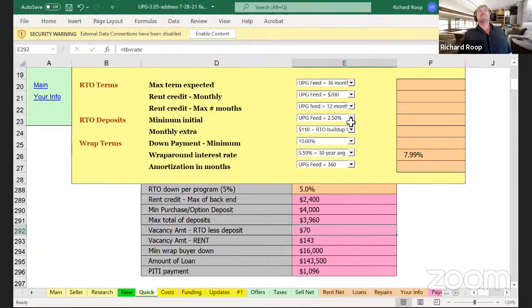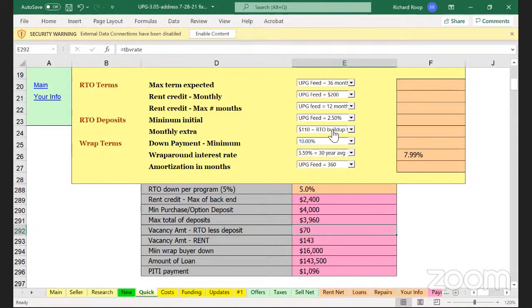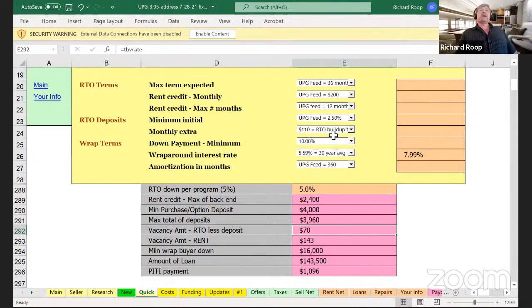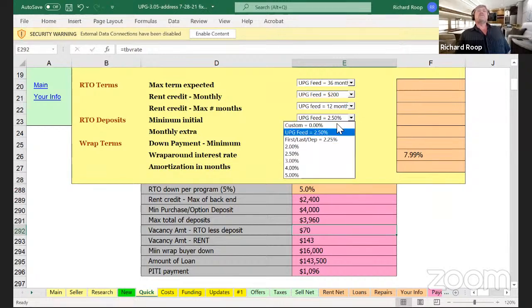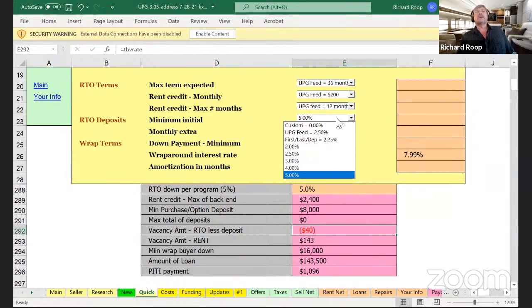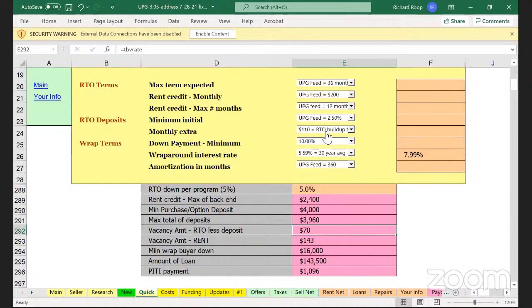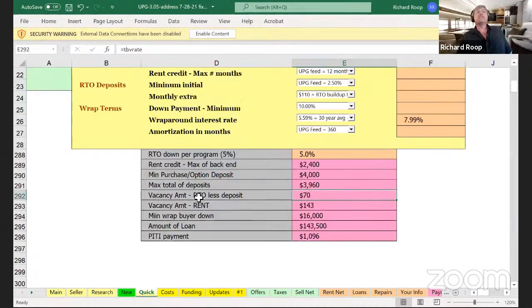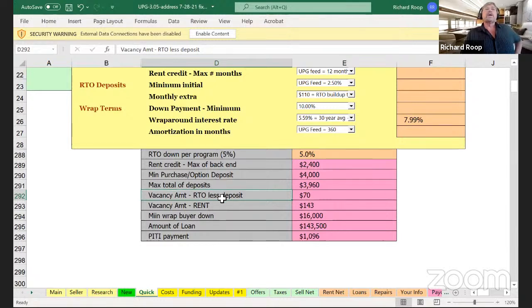We want a minimum of 2.5%. And if that was the case, we're going to get a 110. But if they gave us 5% down and they didn't want to pay extra each month, that's fine. Usually that's non-refundable, 5% non-refundable. So now it's saying, see this, we're getting this rent.